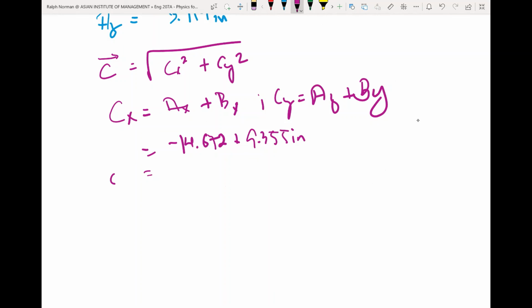And you would have here negative 5.3, sorry, mali. CX, negative 5.317.